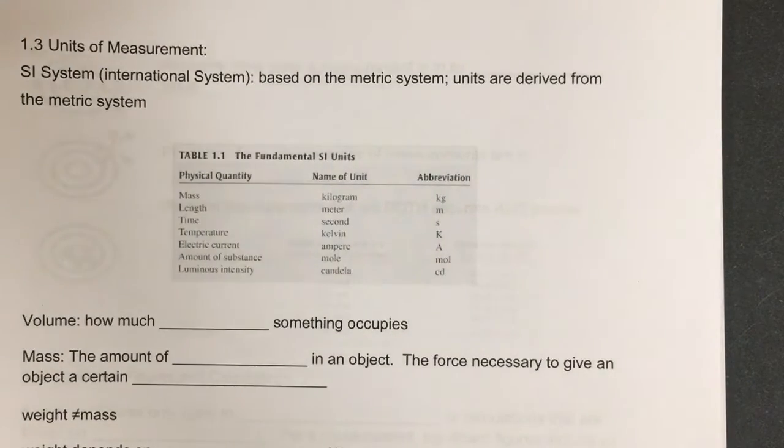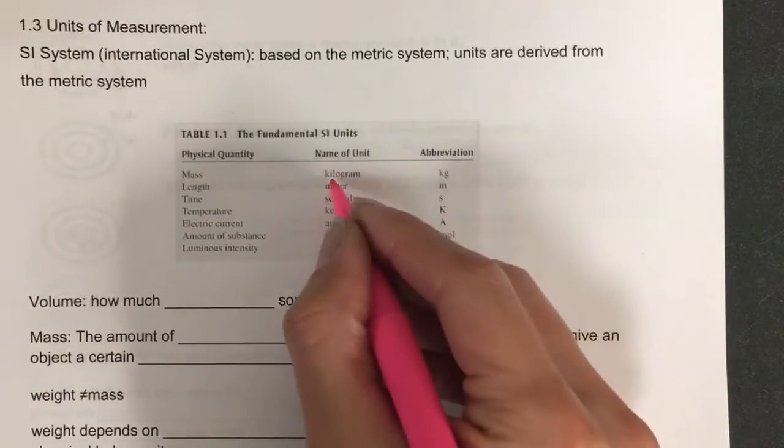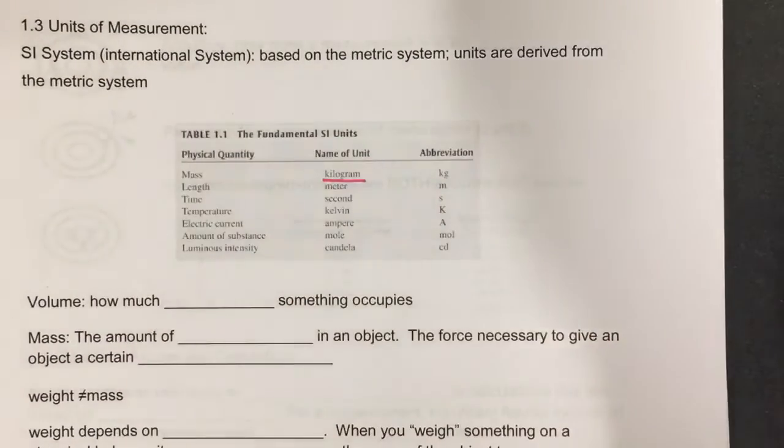Now, in this class, we're going to be using measurements based off of the SI system, or the international system. We'll also use metric measurements. We won't use English measurements. So the SI system is a little bit different than metric. In metric, it's grams, liters, meters. SI is a little bit different. If you notice, mass is in kilograms.